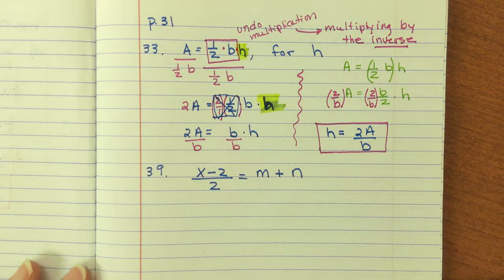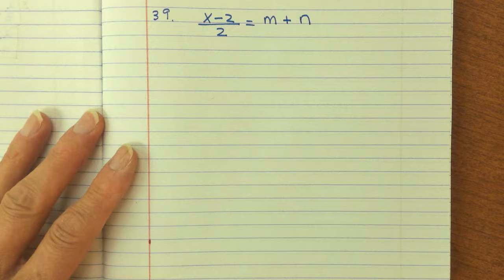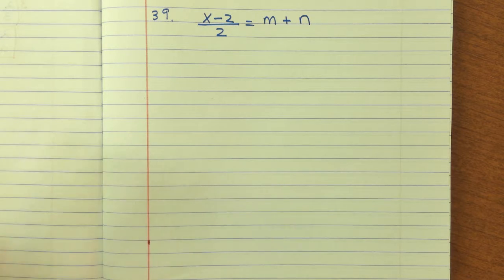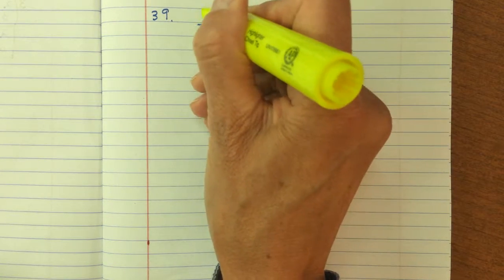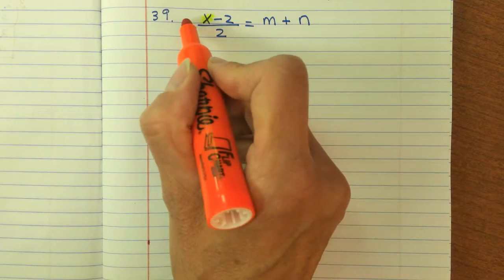Let's look at this next problem. A lot of students get a little crazy when they have fractions. I believe this one, I didn't write it down, is asking us to solve for x. So I'm looking for x. If you remember in your order of operations, this is actually a grouping right here.